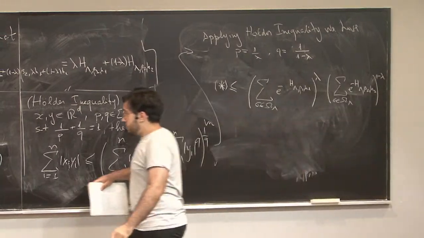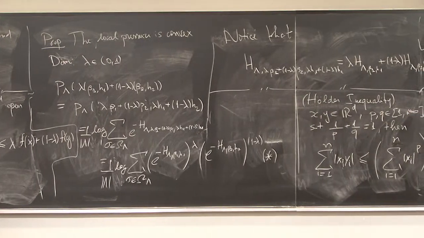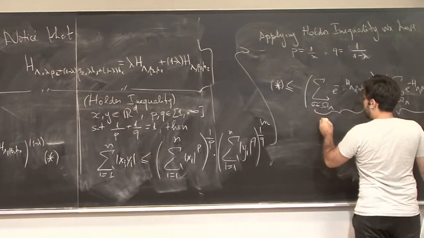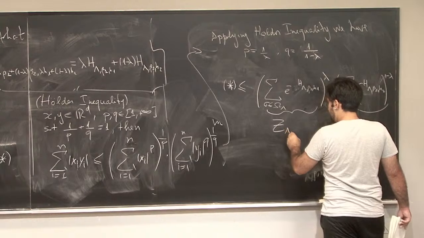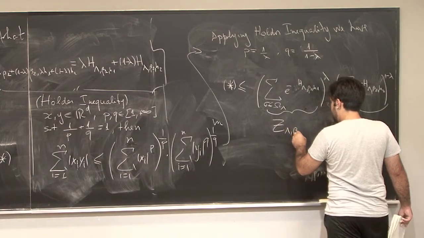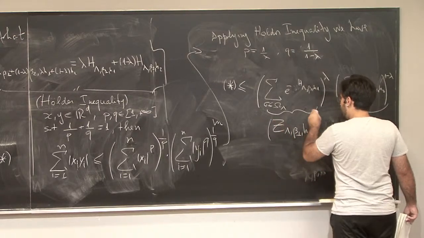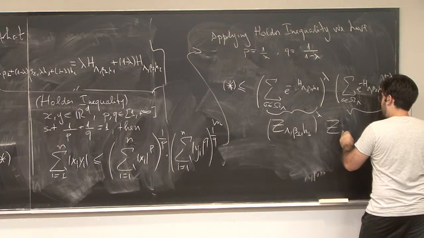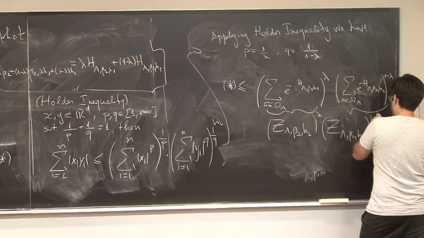So when you take the log, you will get that this is exactly the partition function with respect to beta 1 h1 to the power lambda. This will be the partition function with respect to beta 2 h2 to the power 1 minus lambda.